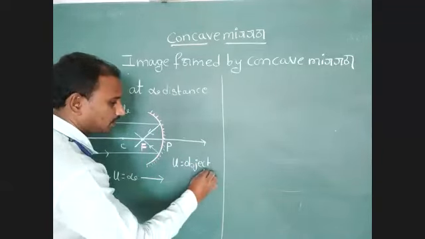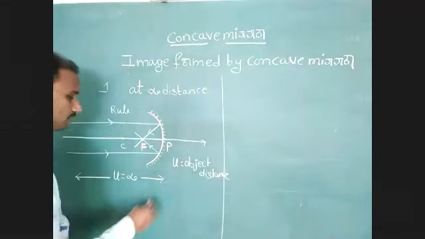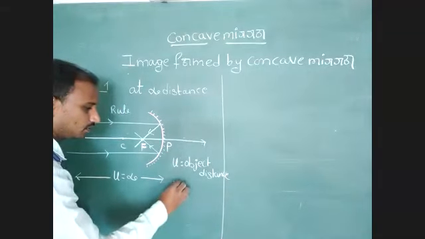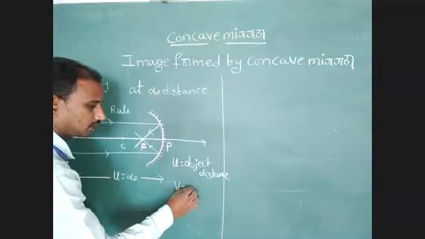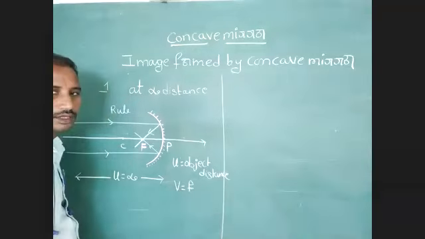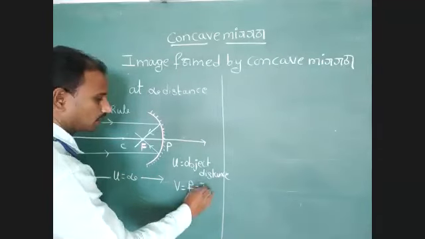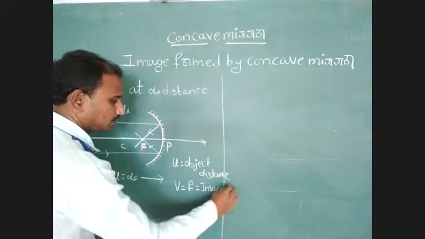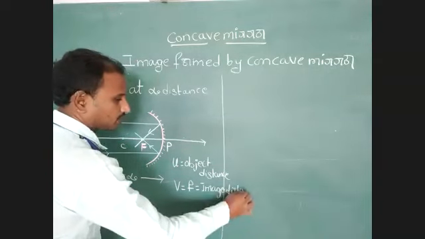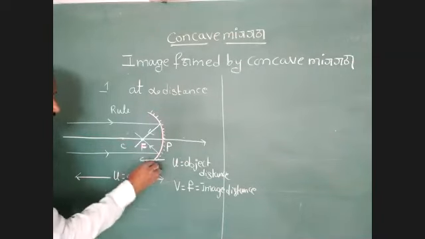Next one, v equal to focal length. Here v represents the image distance, that is equal to focal length. Next, we have to find out that image distance v.